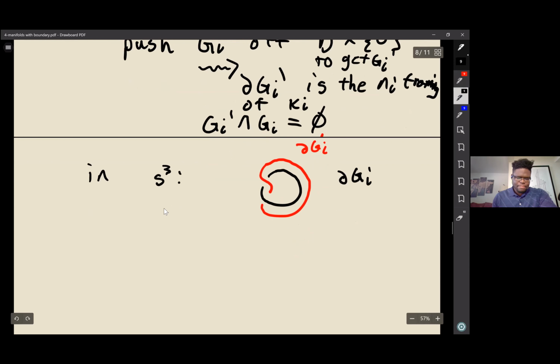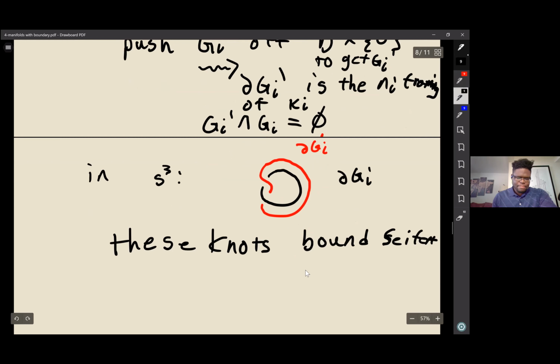But both of these knots bound Seifert surfaces, F_i and F_i prime.